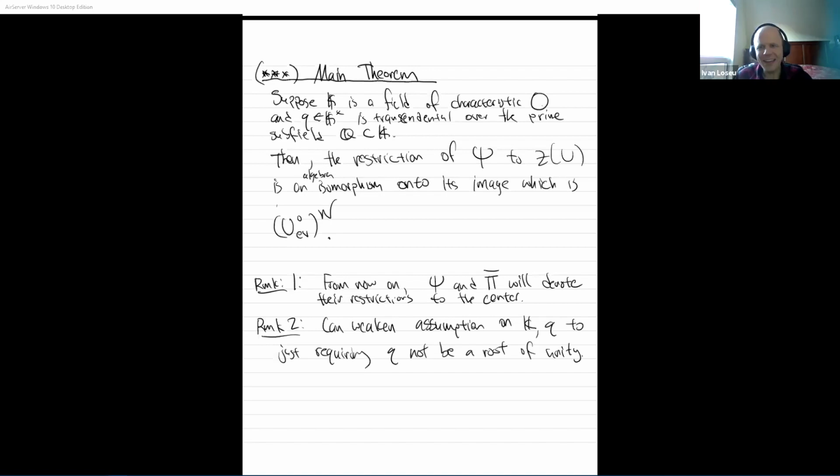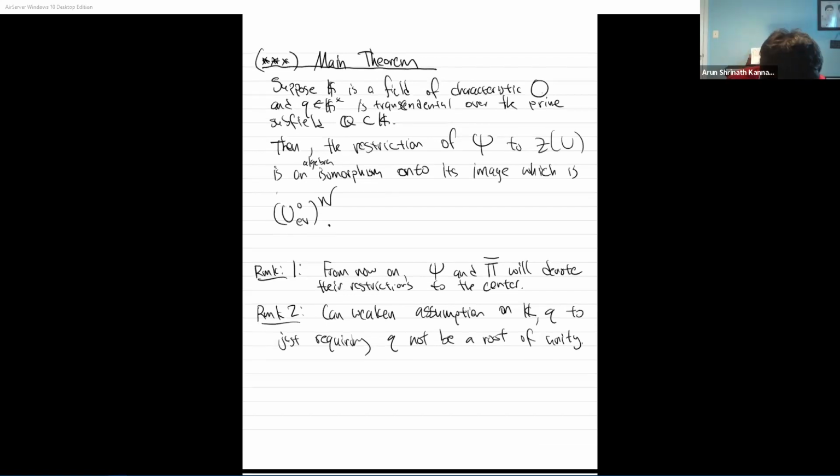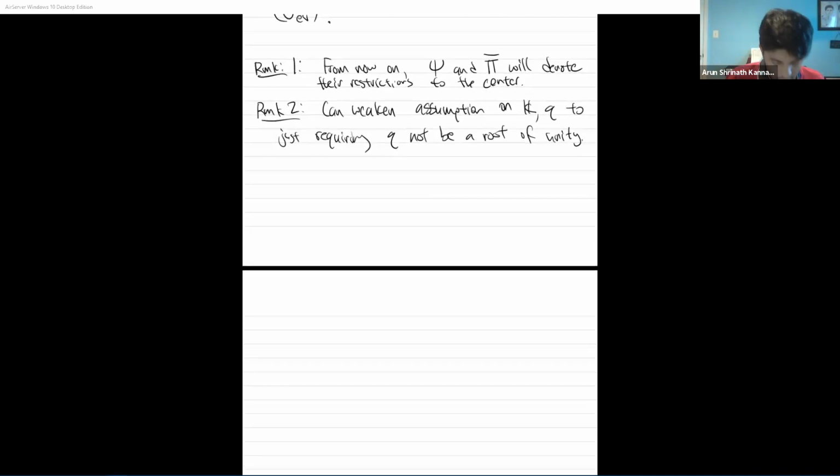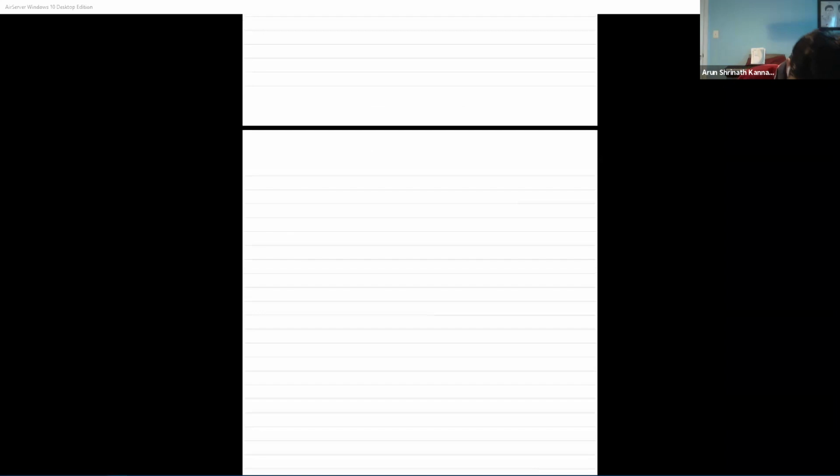Okay, with this in mind, I think we can get back to the talk. So what I want to spend a little bit of time on is outlining what we're going to do to prove this theorem. Let me write the proof outline.